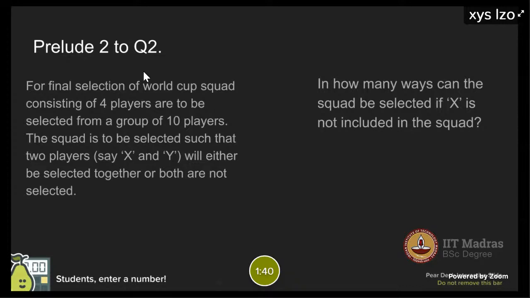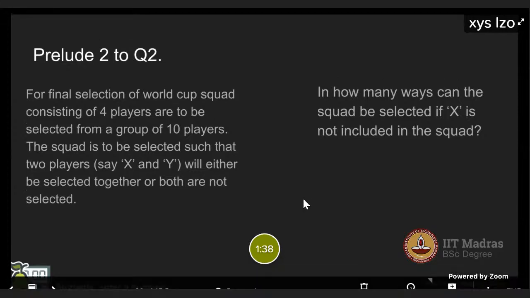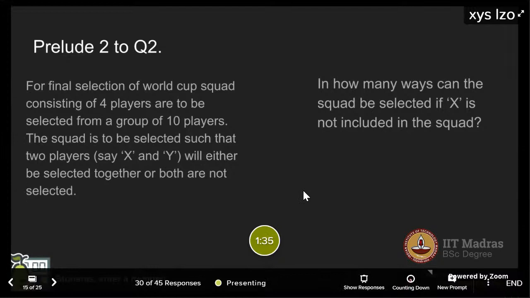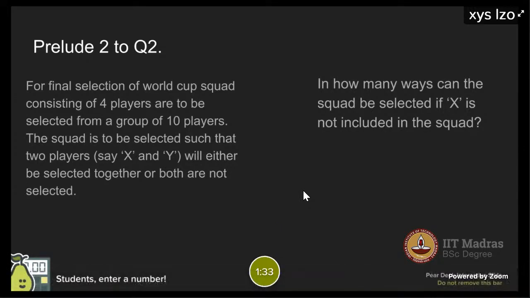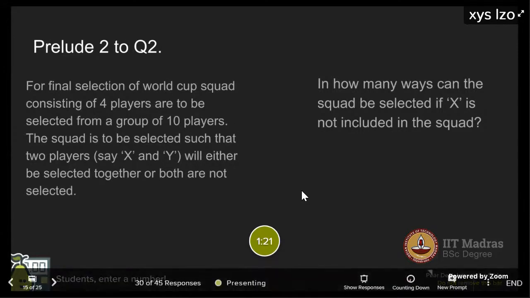Excuse me, sir, I had a question. When will we be provided solutions regarding quiz 1 or qualifier 1, like solutions explaining? We will release it in a few days. Sir, can we have a session regarding it?